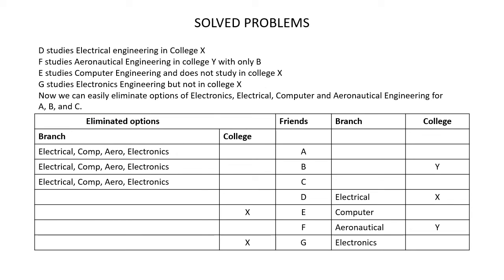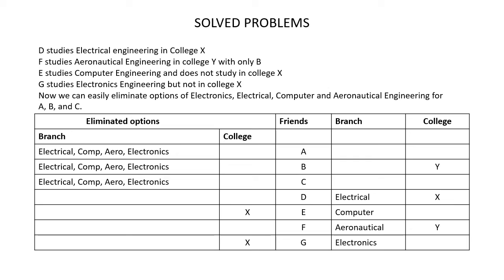Under eliminated options, make two columns, one for the branch of engineering and the other for college. Fill this table with the information given in the problem. Once the table is completed, based on the completed table, answer the given questions.